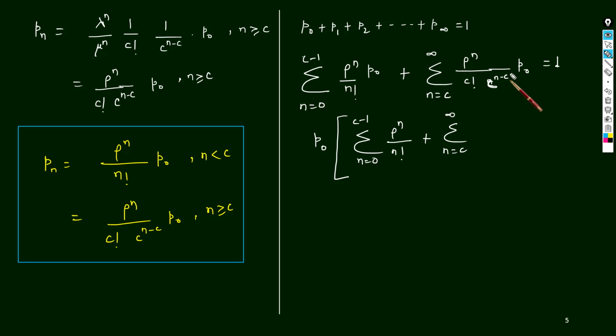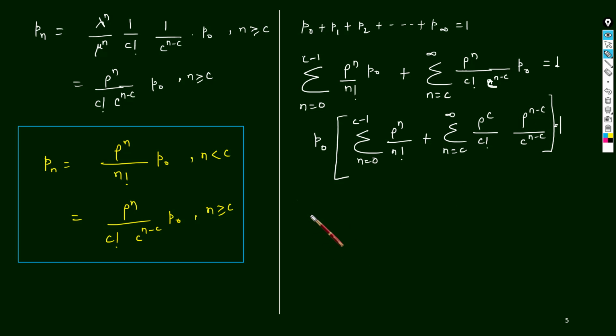What I am going to do is, for c to the power n minus c, I will make this also n minus c. So I'll take this out, then this will remain n minus c, and at the bottom also n minus c, and it is equal to 1. Okay.